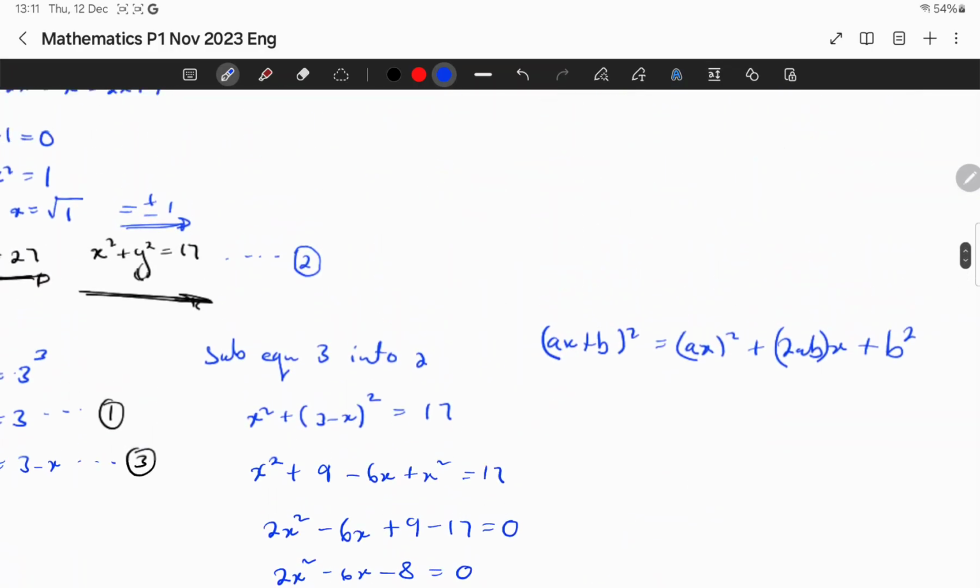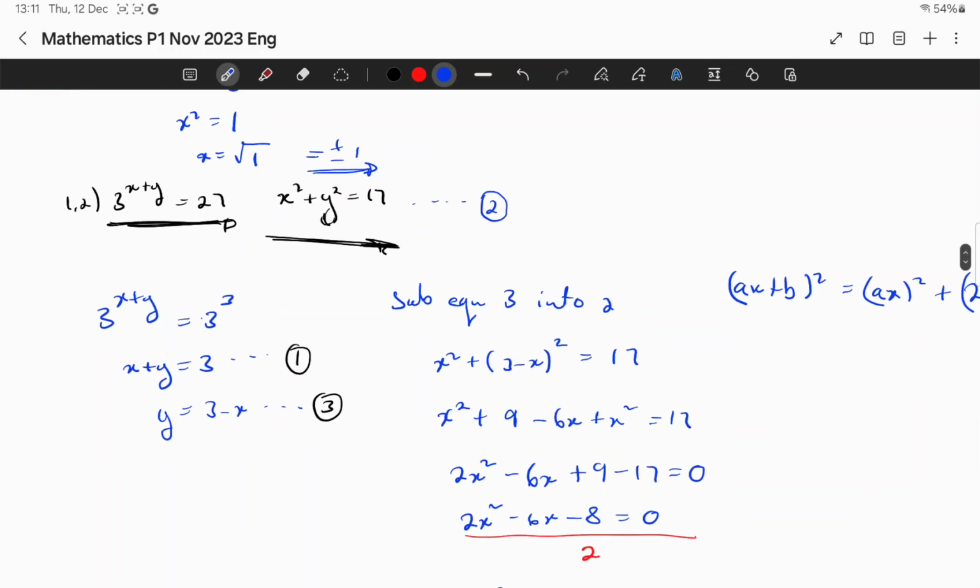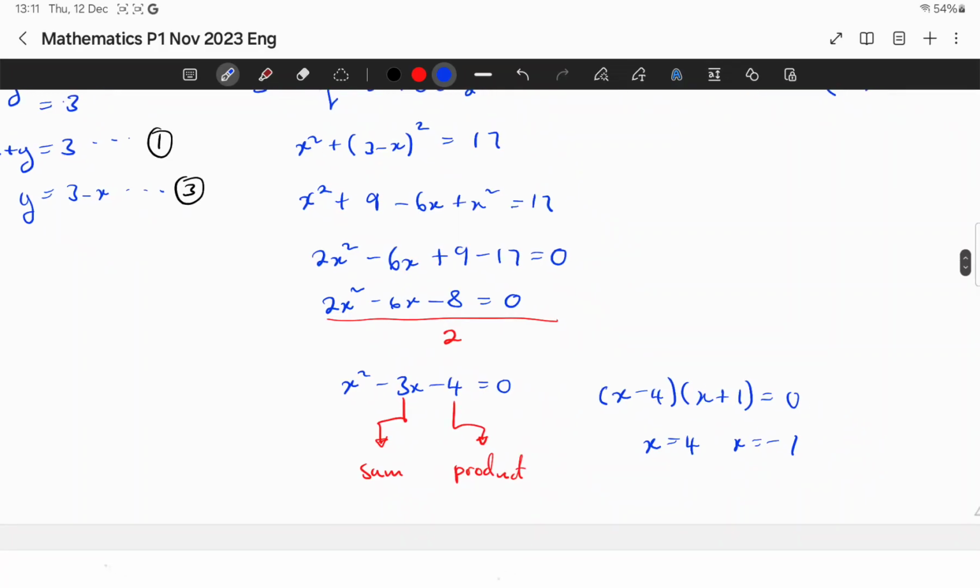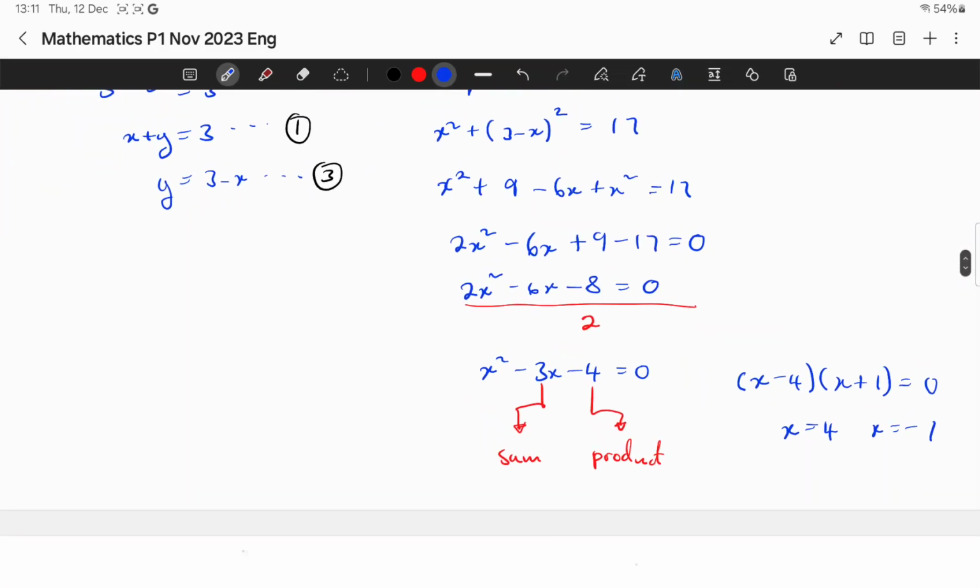But remember, you also have to solve for the y values as well. And how do we solve for the y values? You can use equation 3. Substitute both the values of x, these two values here.